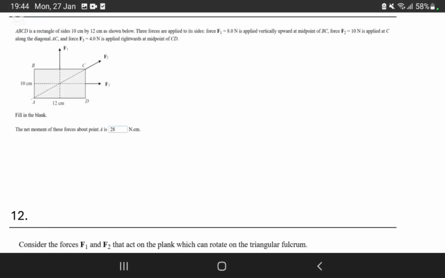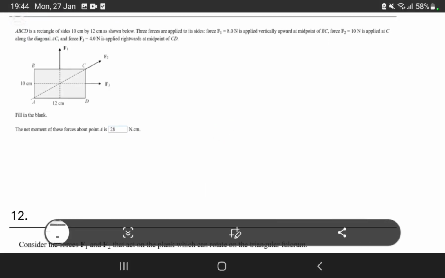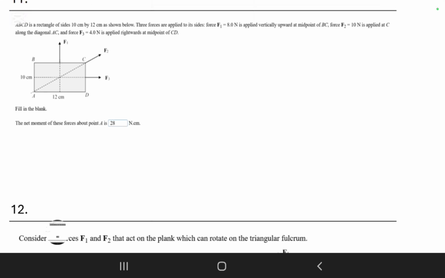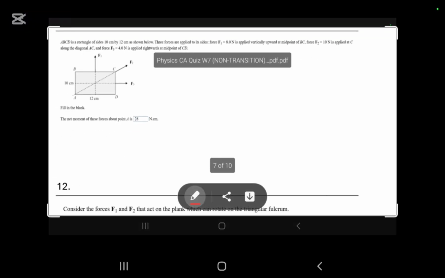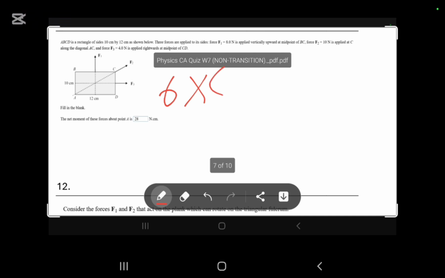My bad guys, I made a mistake by using a wrong shape because I used my phone in a horizontal way. It turns out that the torque of F1 is 6 times 8, not negative 8, which means we'll get 48.